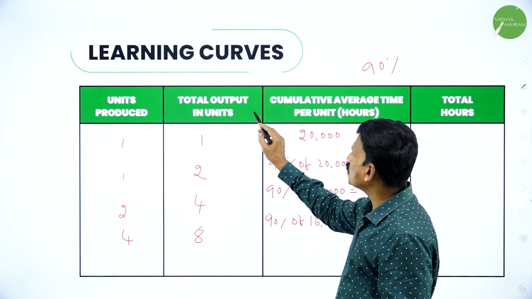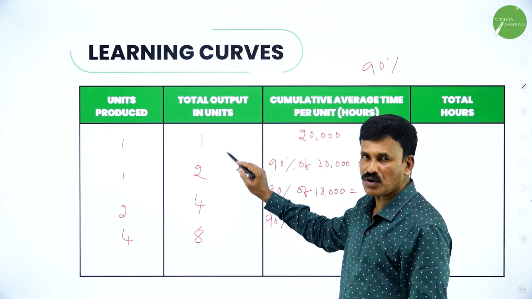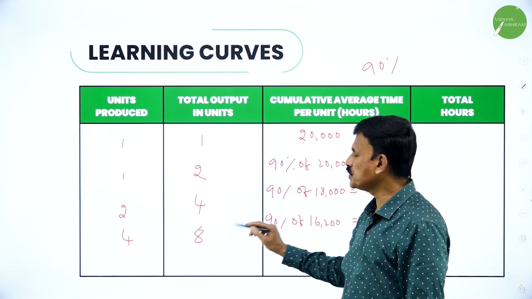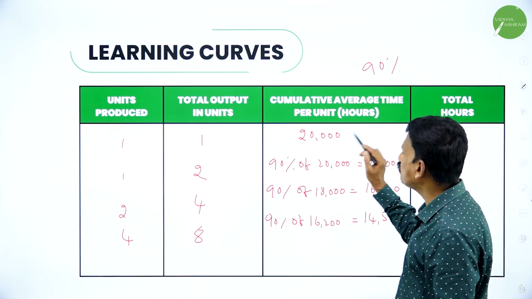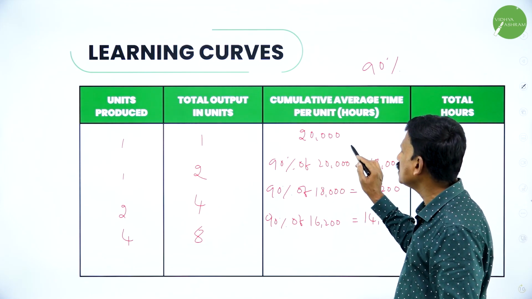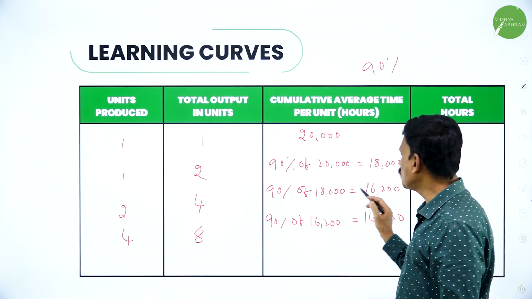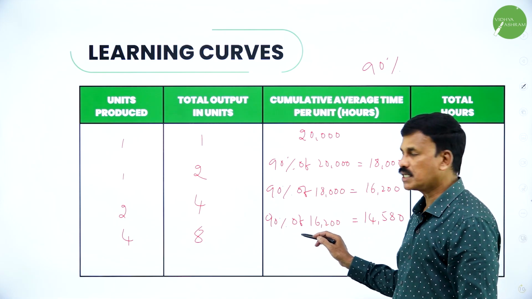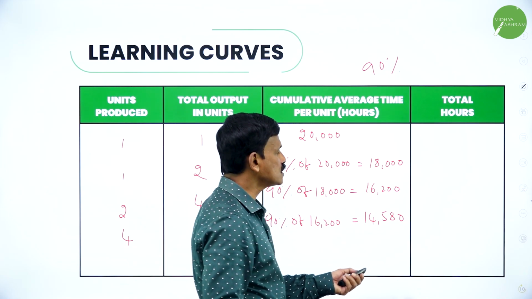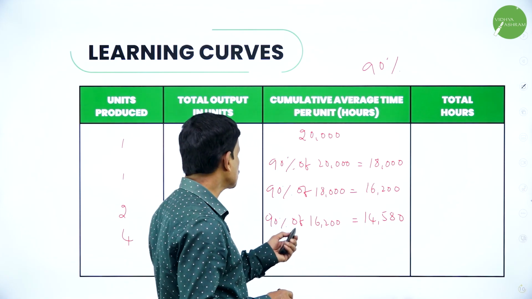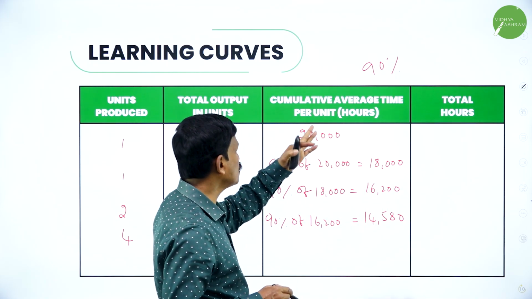The total output in units is 8: 1, 2, 4, 8. The cumulative average time per unit is first 20,000, then 90% of 20,000 is 18,000, 90% of 18,000 is 16,200, and 90% of 16,200 is 14,580. This is the cumulative average time per unit.